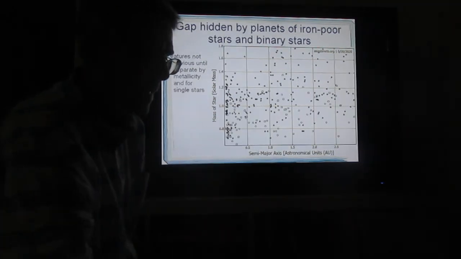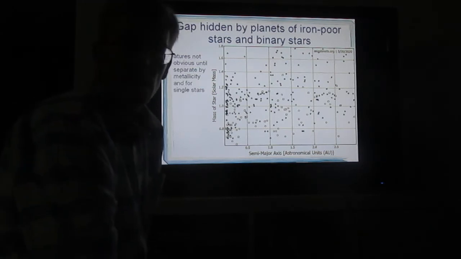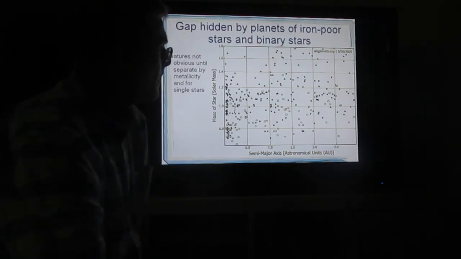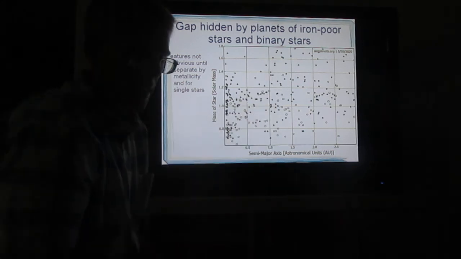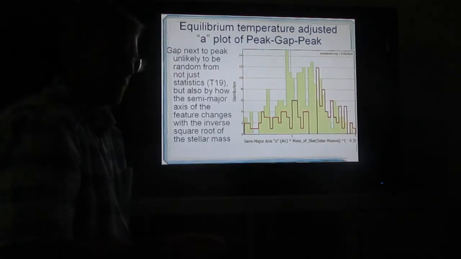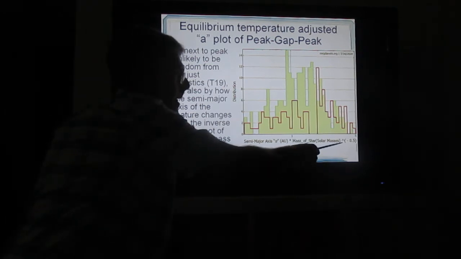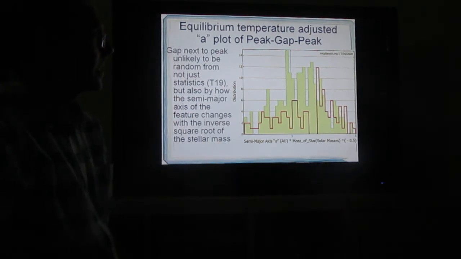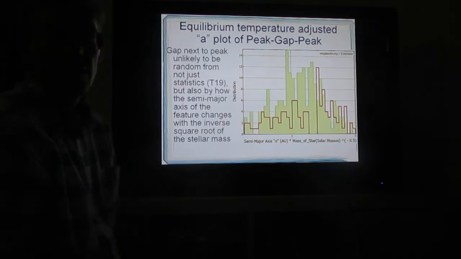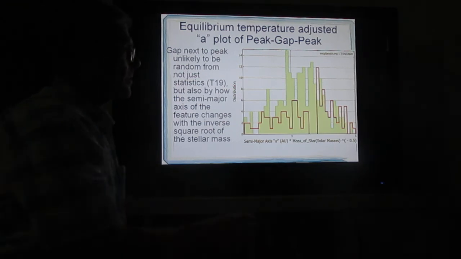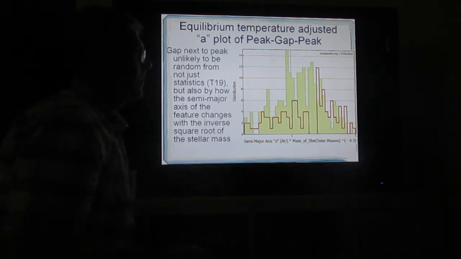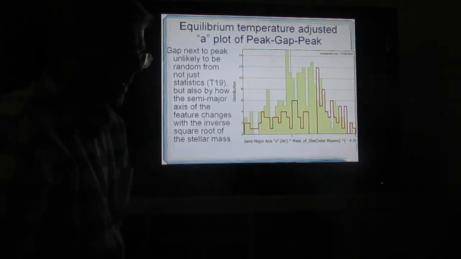I binned these objects this time in slanting bins with the dependence on the stellar mass, multiplying by the square root of the stellar mass to take out the stellar mass squared dependence, and you can see the peak-gap-peak feature here quite clearly.